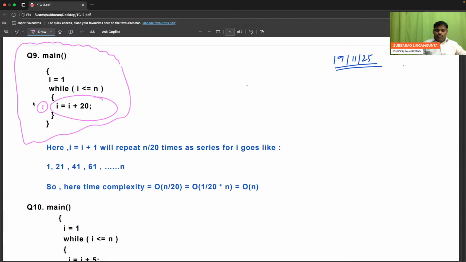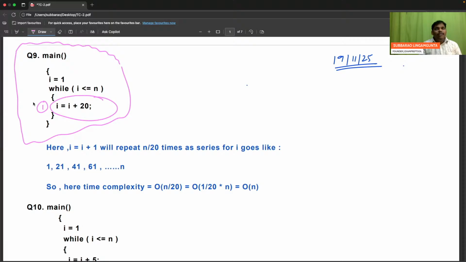Let's check. If you observe clearly, every time you are incrementing by 20, not plus 1. Let us assume one simple question I want to ask you. Assume initially I have 0.